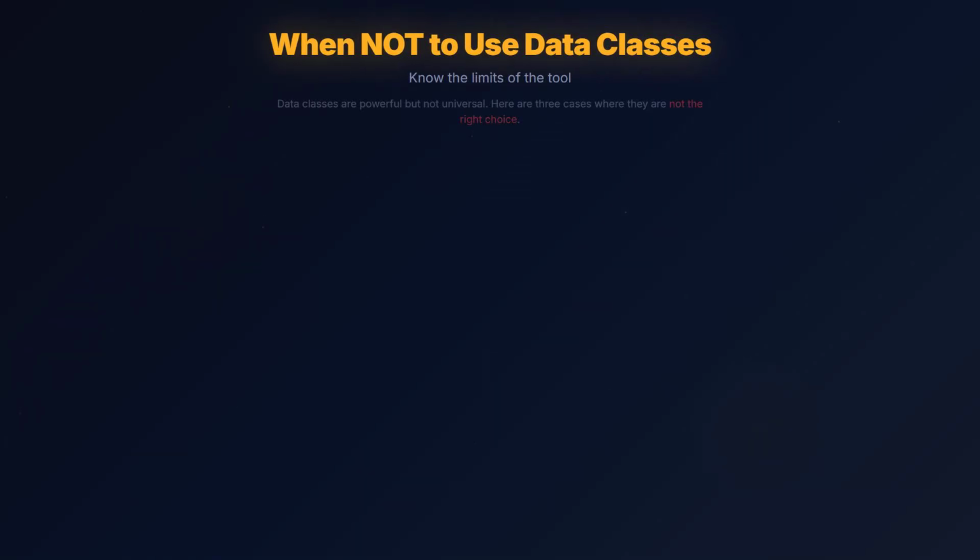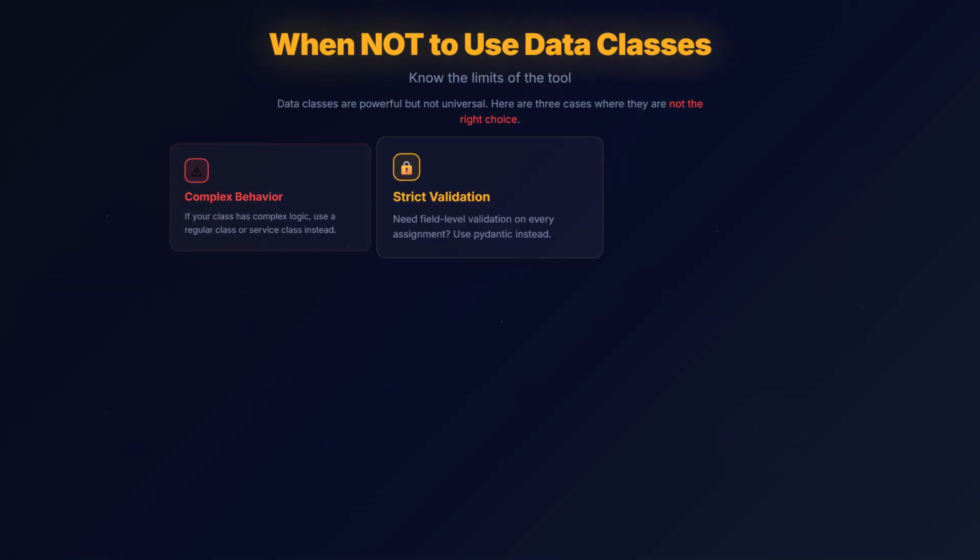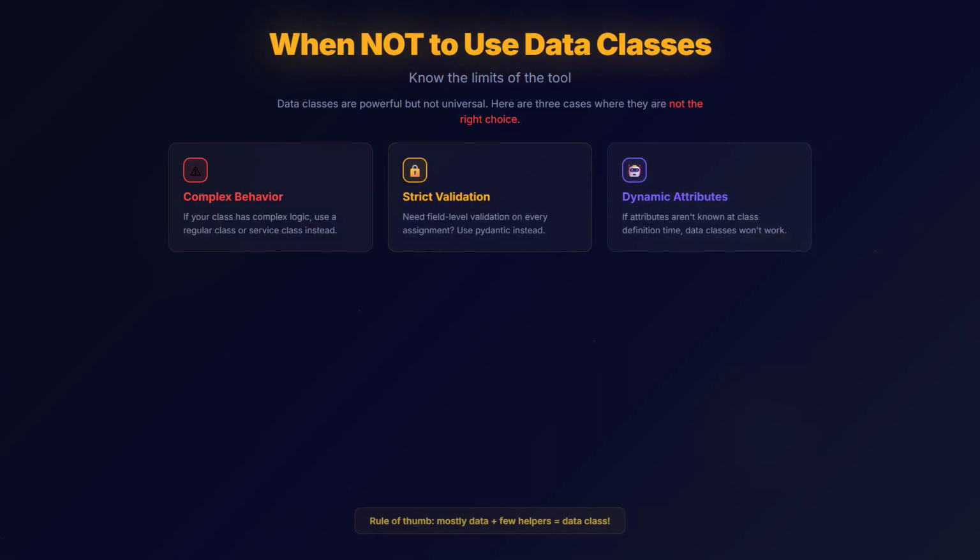Data classes are great, but they are not the right tool for every job. Here are 3 cases where you should avoid them. First, if your class has complex behavior or logic, a regular class or a service class makes more sense. Data classes are for data, not behavior. Second, if you need strict validation on every field assignment, consider using Pydantic instead.